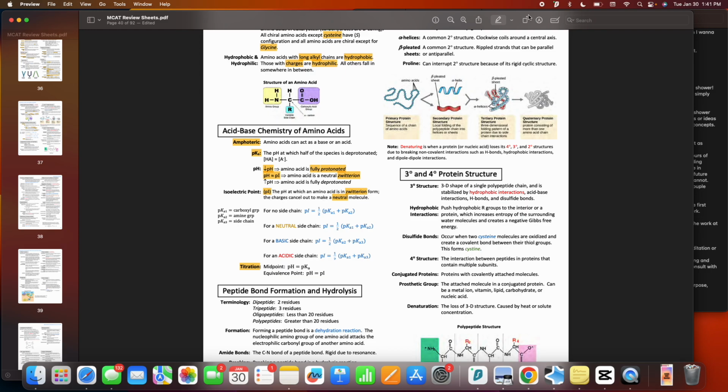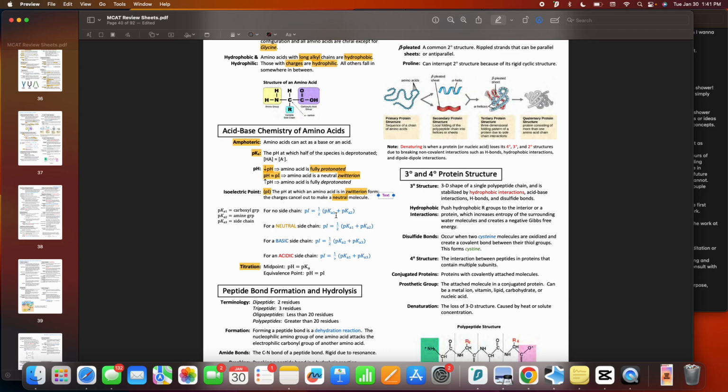So we can write here that the midpoint is also known as the buffer region.